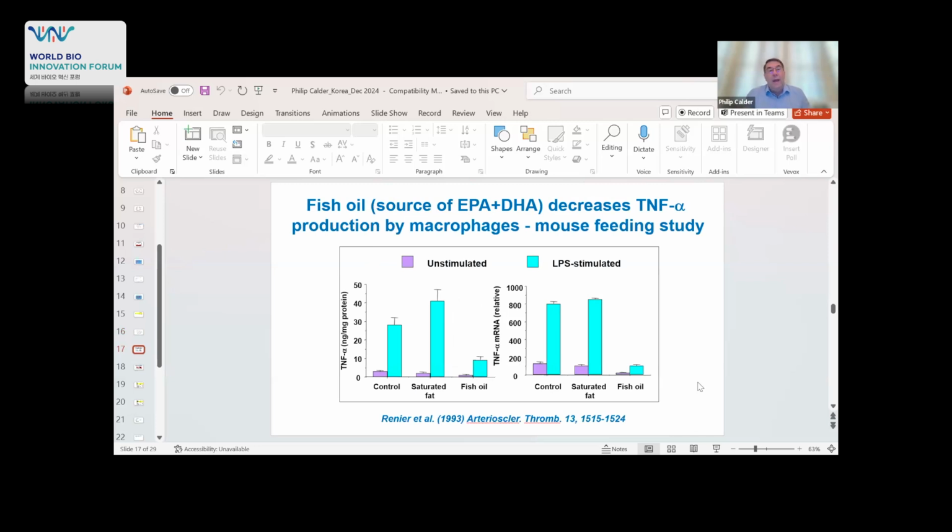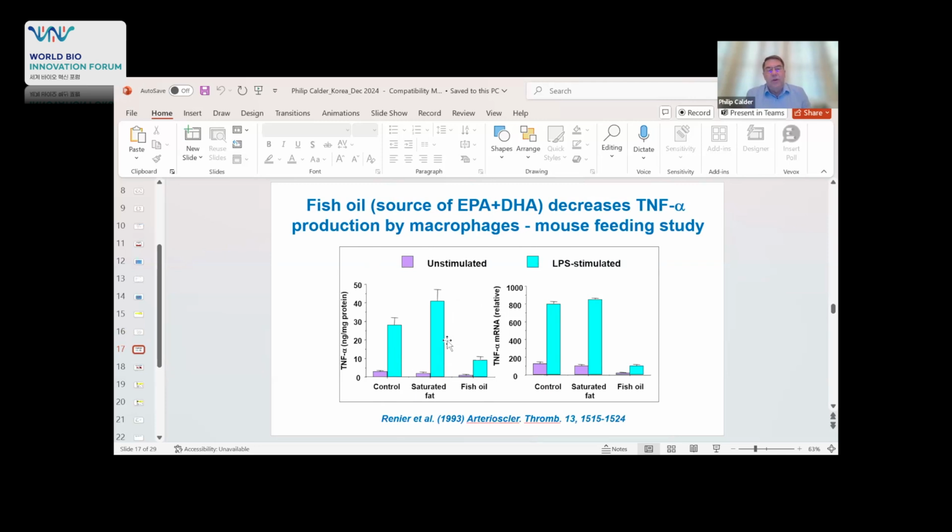So again, in animal feeding studies this time, we and others have shown that feeding omega-3 fatty acids in the form of fish oil decreases the ability of inflammatory cells to produce tumor necrosis factor. So this is a mouse feeding study where 3 diets were fed, then macrophages were taken from the animals, and they were either not stimulated, that's the purple bars, or they were stimulated with bacterial lipopolysaccharide, that's the green bars.